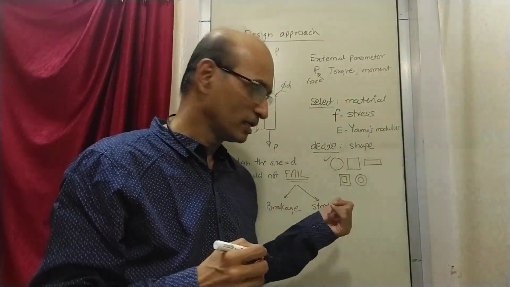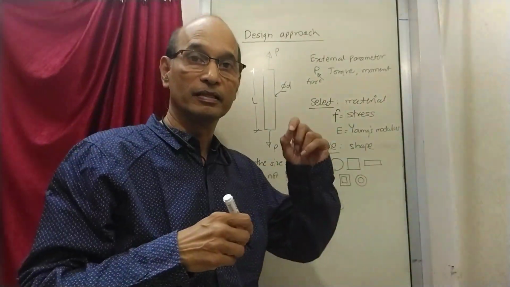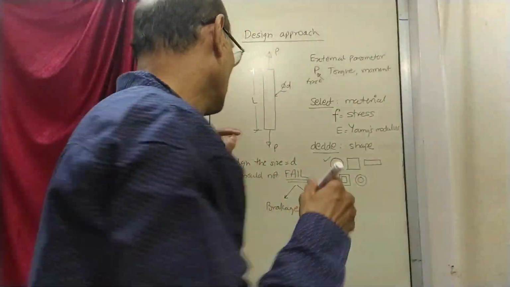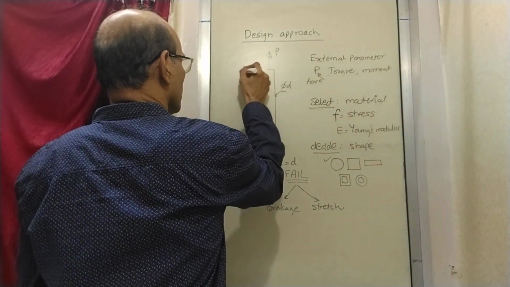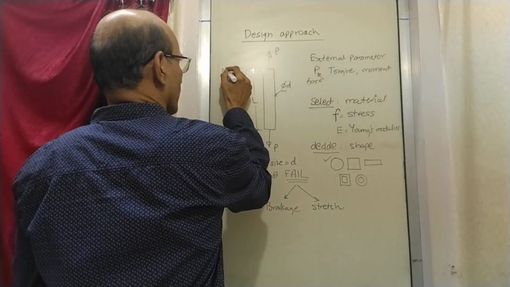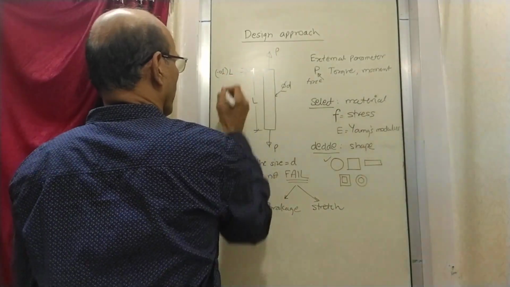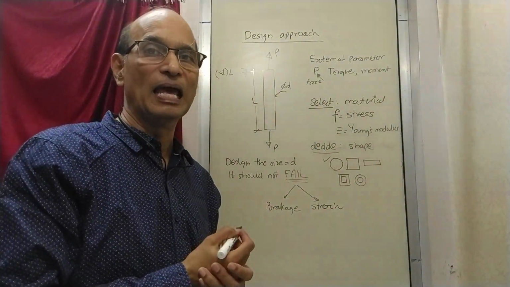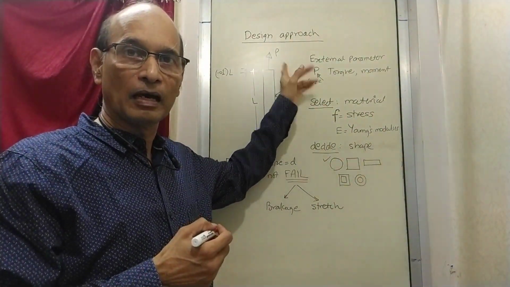Stretch means it has stretched. That means if the rod of length L increases in length by a certain amount, let's say 1%, so this change in length is 0.01 times L, that means a 1% increase in the length. If that happens because of this load, then I will call it a failure.